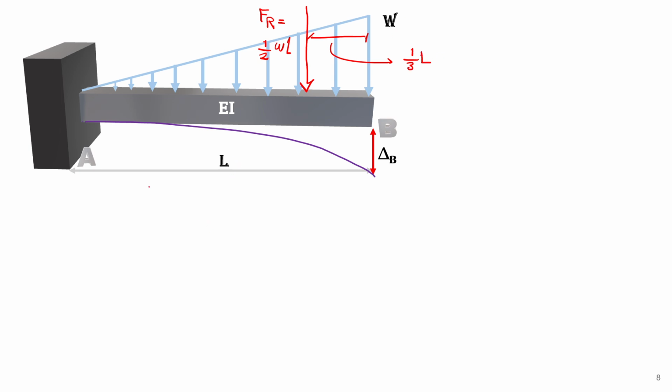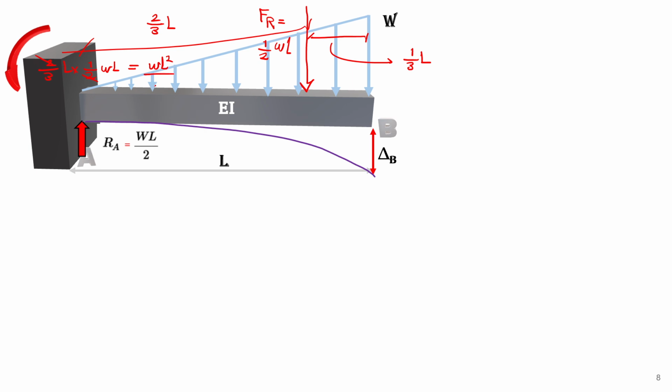And the overall load, which is the resultant force, should be cancelled out by the reaction at A, which is half of WL. The moment at A is the arm, which is 2/3 of L, times the force. So that's 2/3 of L times a half of WL, and it simply cancels out 2 and gives WL squared over 3. So that's our MA.